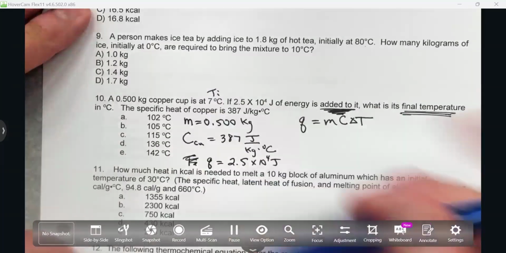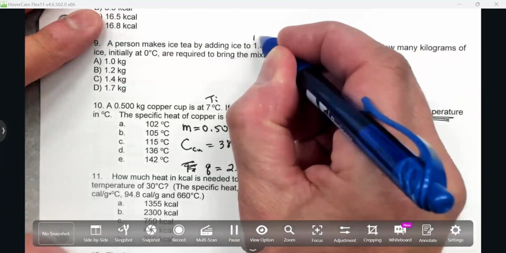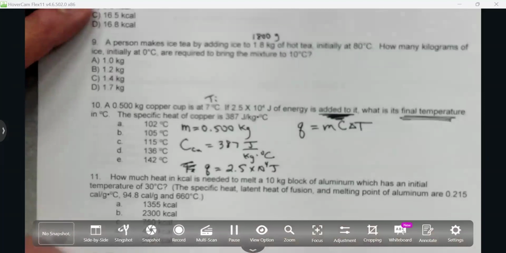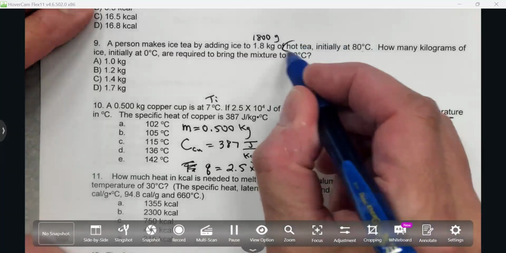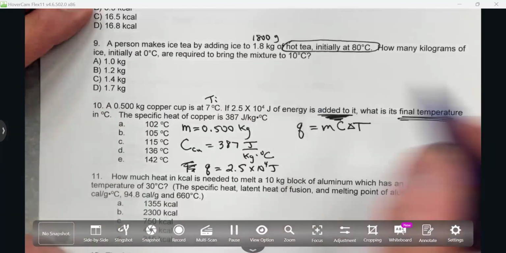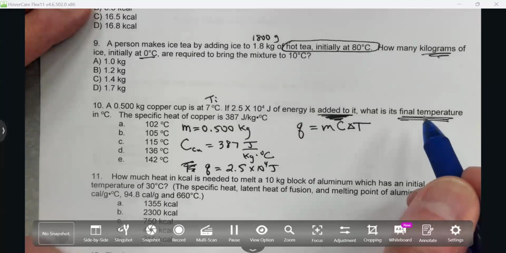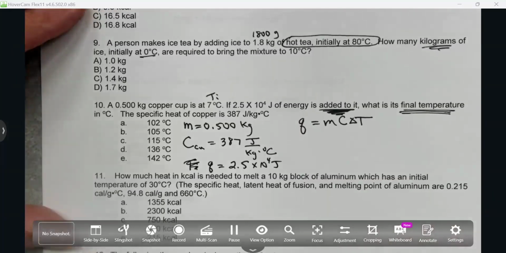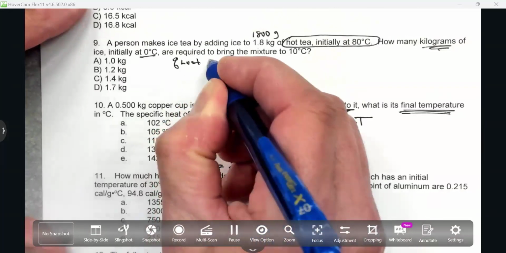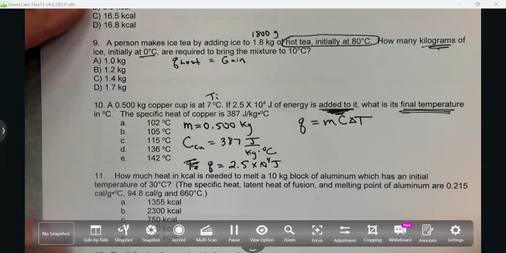A person makes iced tea by adding 1.8 kilograms, or 1,800 grams, of hot tea at 80. How many kilograms of ice, initially at 0, are required to bring the mixture to 10? Okay. So we know Q lost is equal to Q gain.